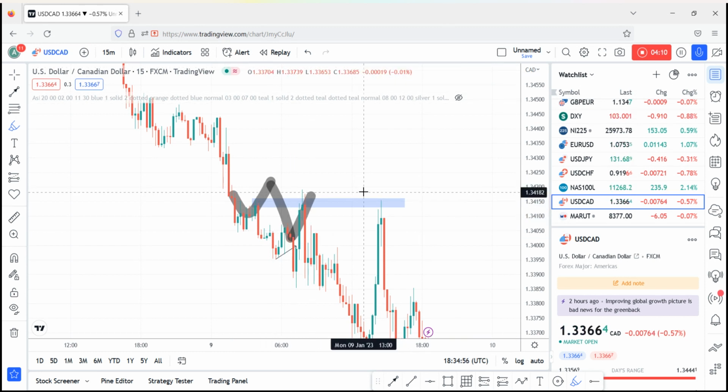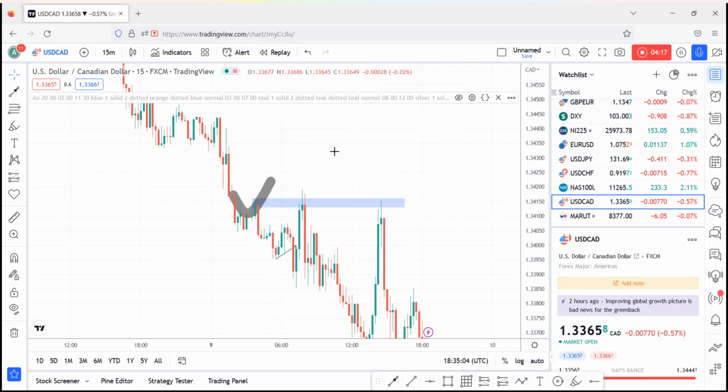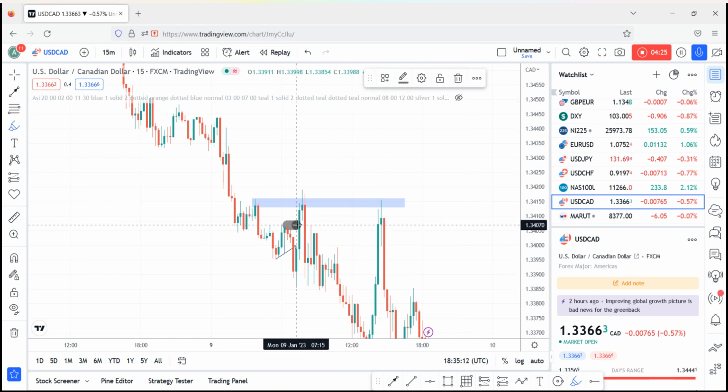And now what I did was, let me delete it. Sorry, guys. So what I did was, so this was the last recent high. This was the last recent high. First, I took entry from here because market made a break of structure from here.